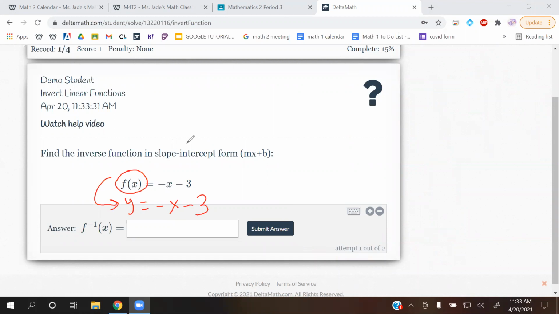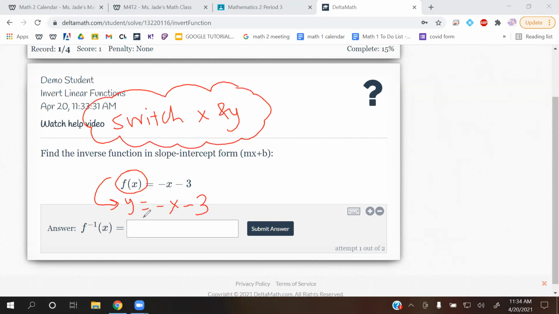Okay, so I got our f of x changed into a y. Then our next step is to switch x and y. I'm going to write that out. Remember, the key to inverses is always just switching x and y. So let me rewrite this up here.